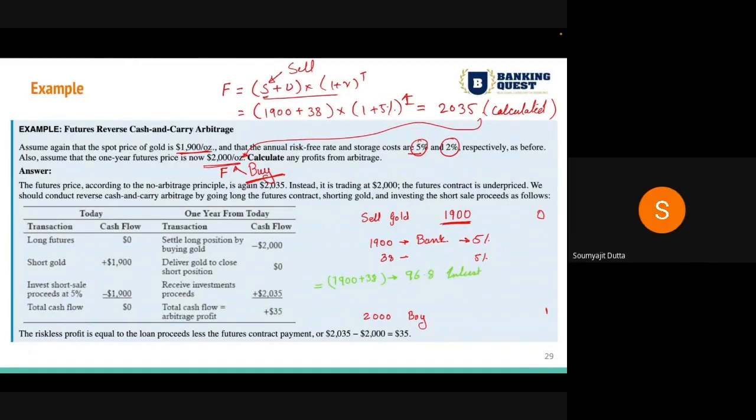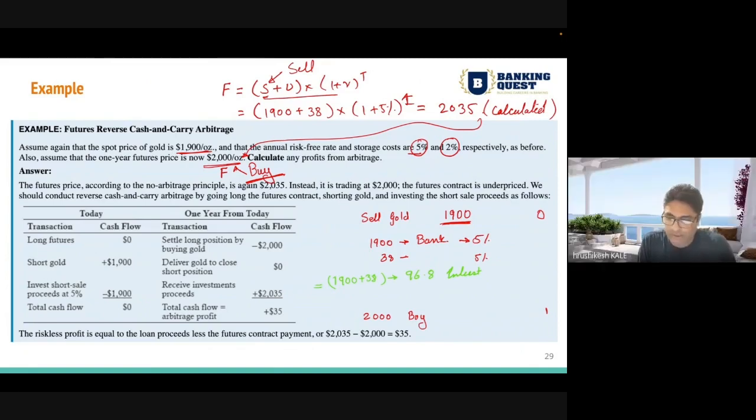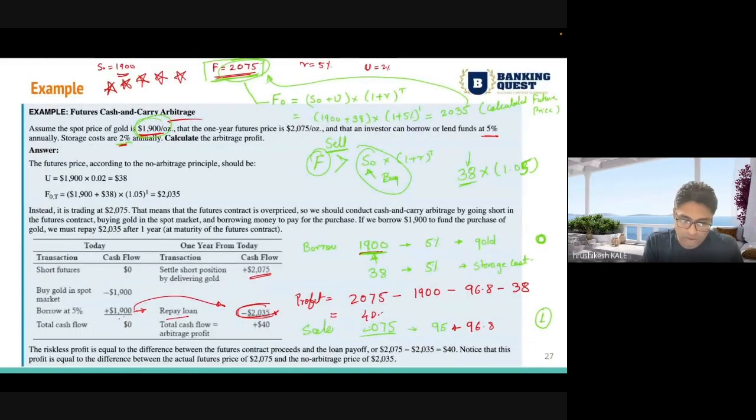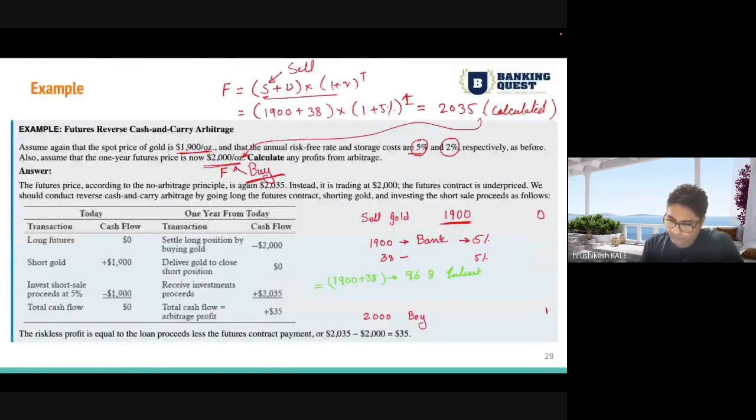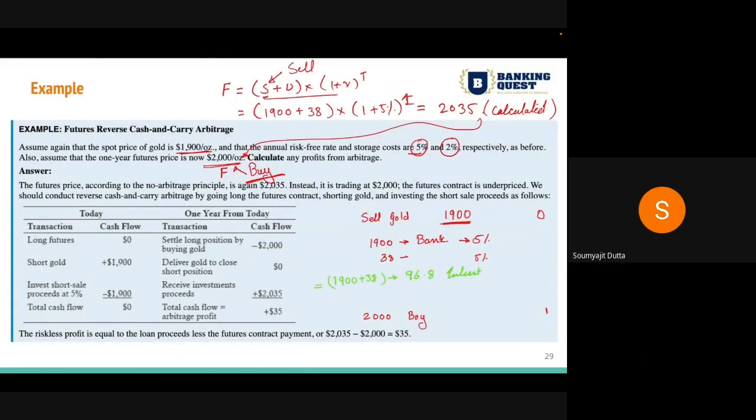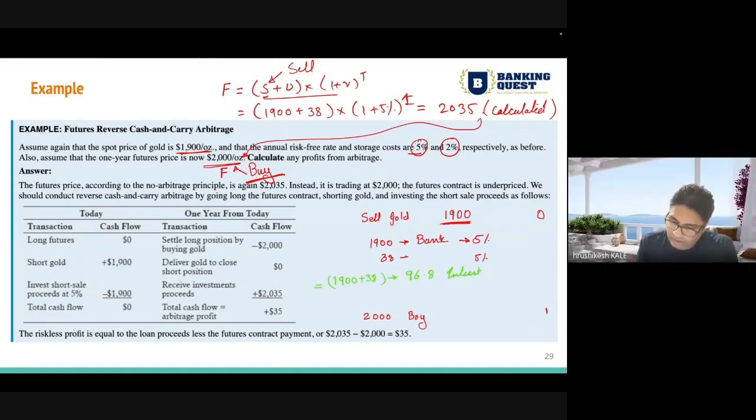Here the annual risk-free rate and storage cost are 5% and 2% respectively. It's the same thing. Is there any issue? No, 1900 at 5%, and the storage cost of 38 is also at 5%, because that money is also kept in the bank itself.